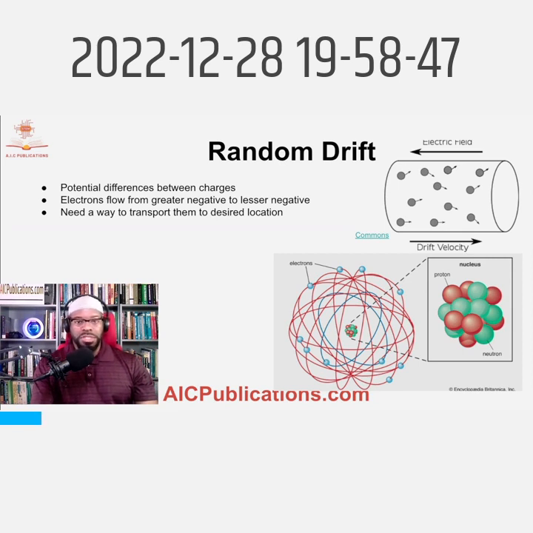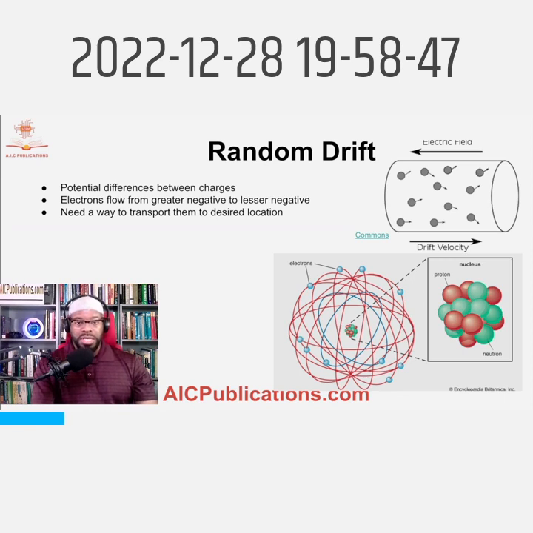Due to the difference in charges, each electron is at a different potential in charge. We talked about that last time. Because of this, greater negatively charged electrons flow to lesser negatively charged electrons. So at any given moment, there is always a mad electronic dash that exists.